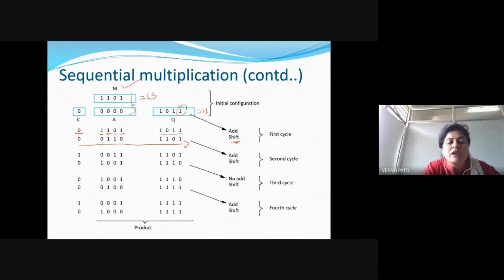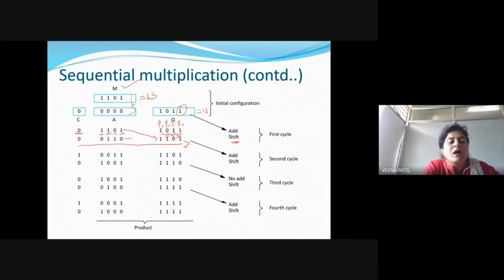So when you shift it, this is Q0, this is Q1, this is Q2, this is Q3. So Q1 will become Q0 now, Q2 will become Q1, Q3 will become Q2. And how about Q3? The bit that is coming from register A, that is the A0 bit, will become now Q3.